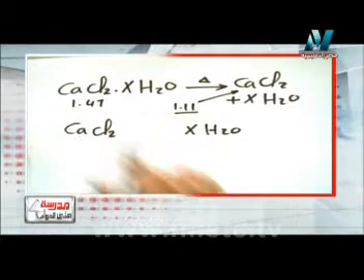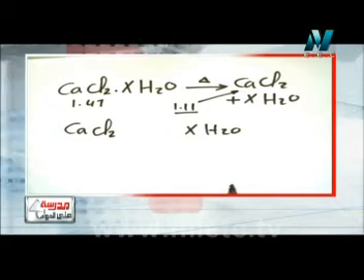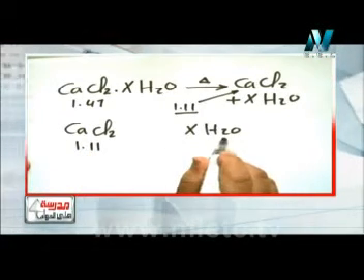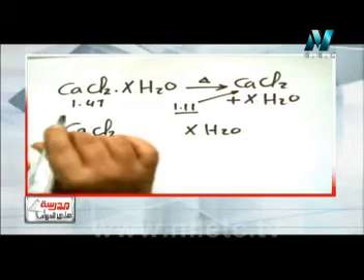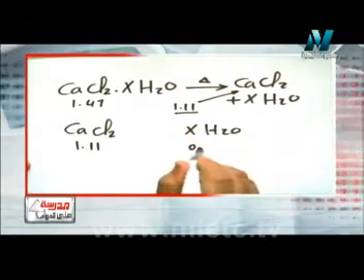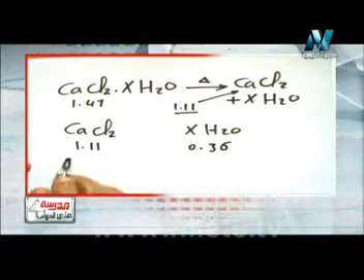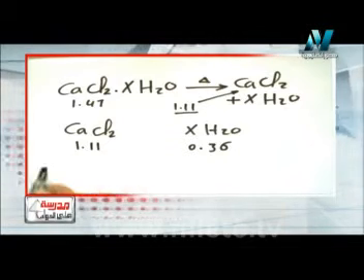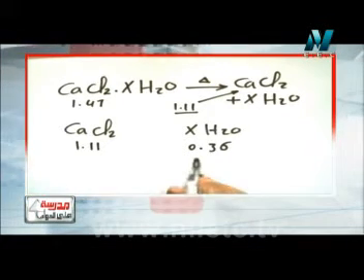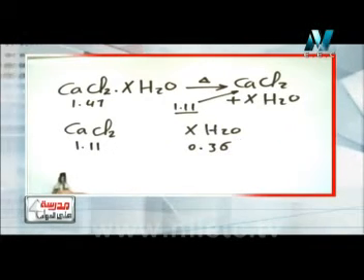The mass of hydrated salt is 1.47, calcium chloride 1.11. So the mass of X water will be 1.47 minus 1.11, which is 0.36. So every 1.11 gram of calcium chloride is combined with 0.36 gram of water.